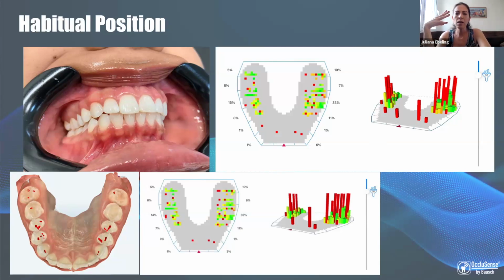If I don't understand that this is showing me that we have a muscle problem, a muscle imbalance, and I try to find what we get with papers or with the scanners, we will never be able to use OccluSense.